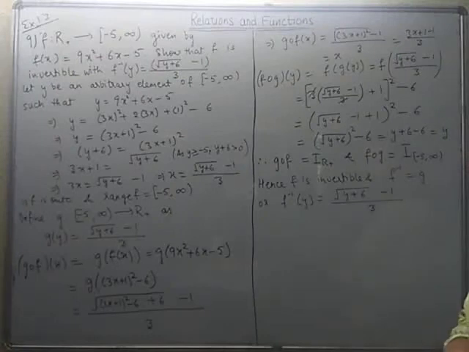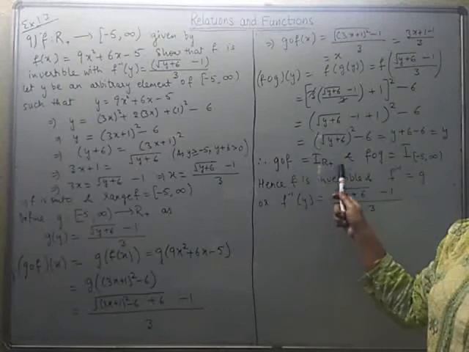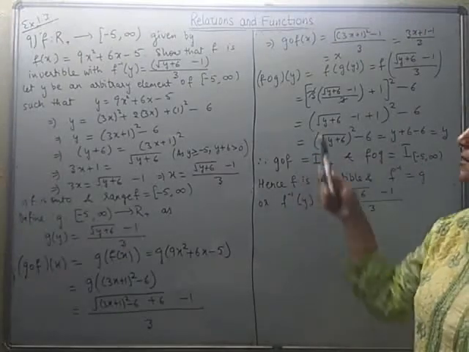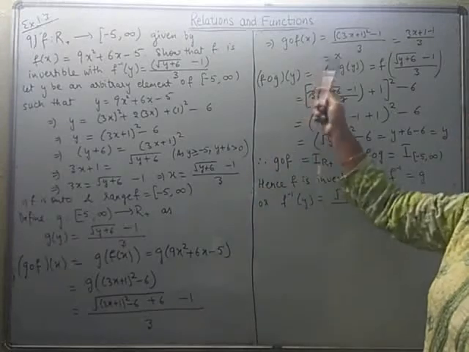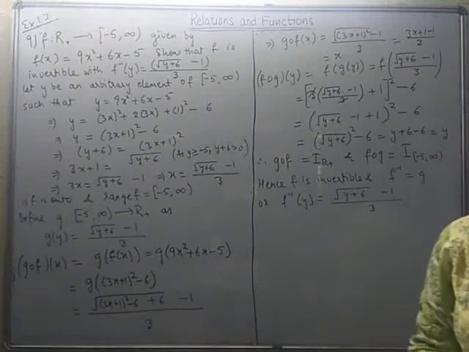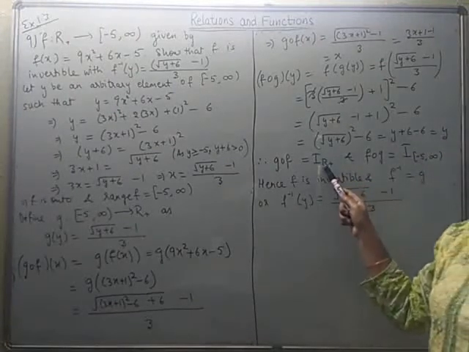So what do we see overall? Composition of f and g is an element from the domain of f. See, domain of f is R plus. We got composition of f and g as x. x is denoting all the elements of the domain of the function f, which is the set of non-negative real numbers.